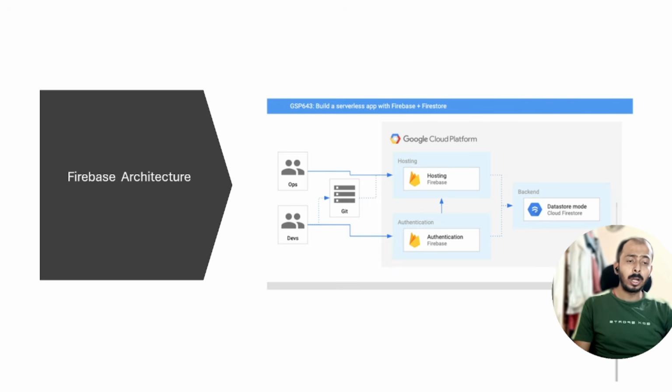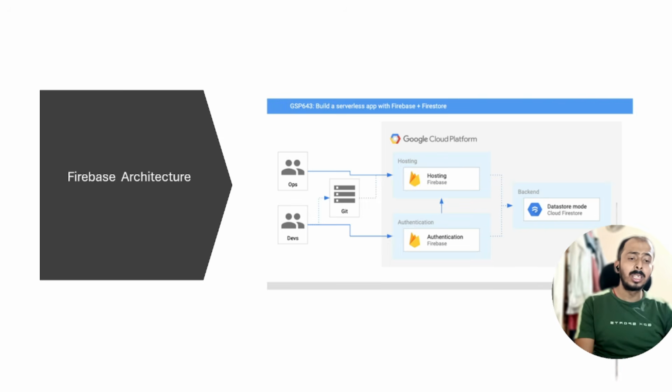It takes the static content, such as JavaScript or CSS, from the Git repo and deploys that to Google's global CDN. This ensures that when a user visits the website, it loads fast and securely over HTTPS from the nearest edge location.